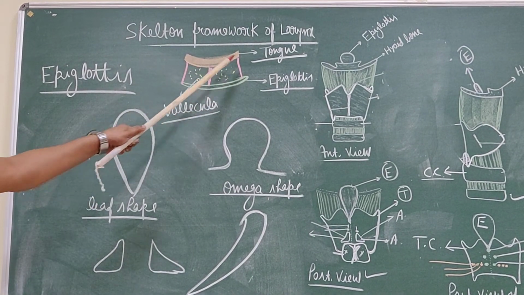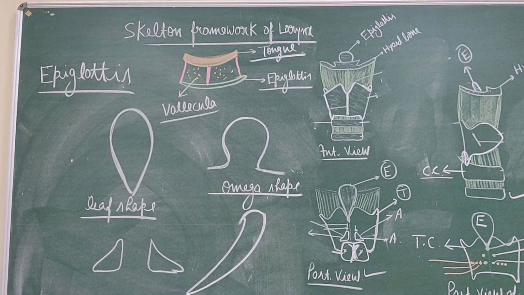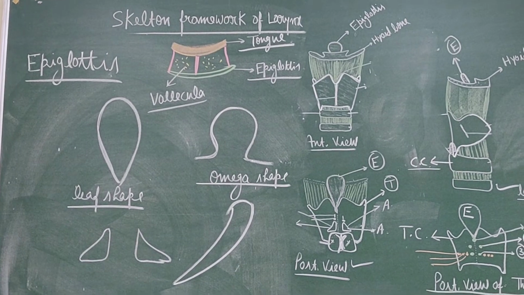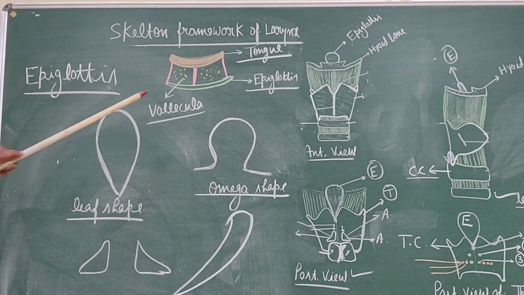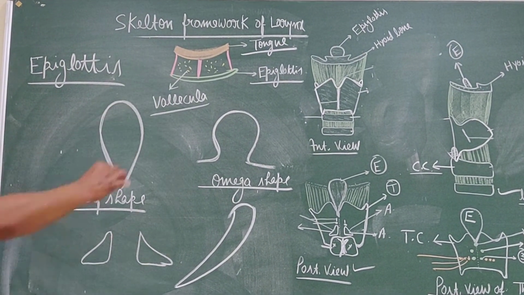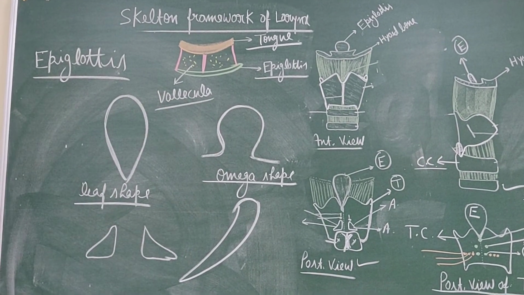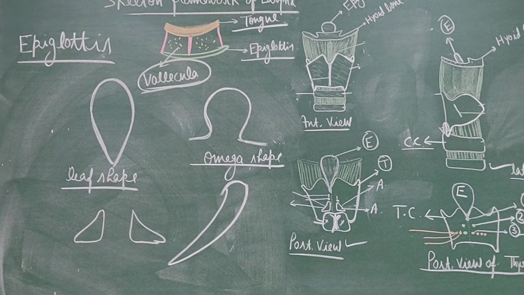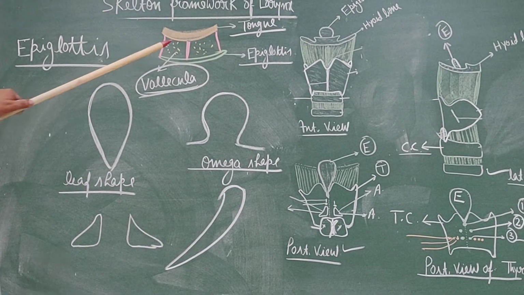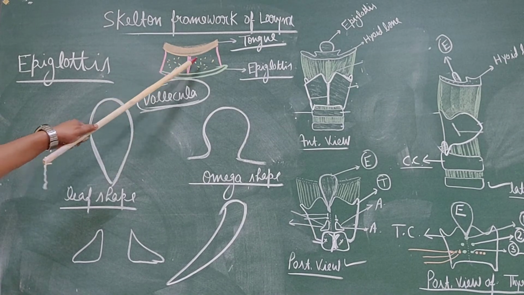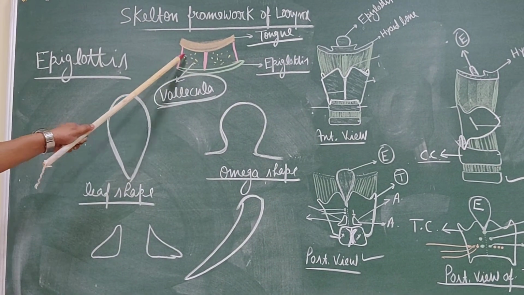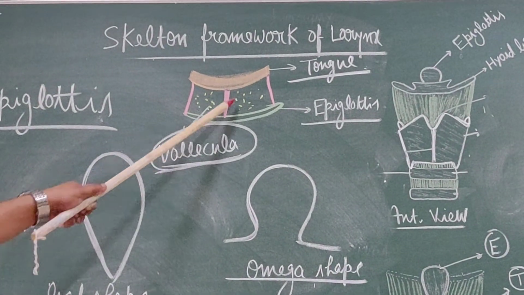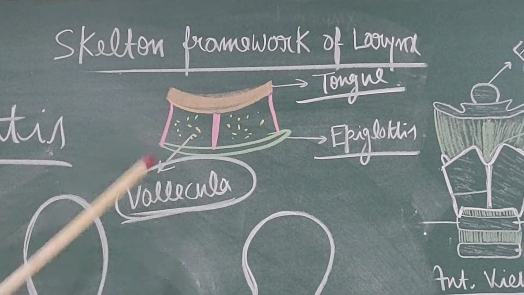Two are lateral and one is median. These are the glossoepiglottic folds. Between these folds, there is a depressed area, the vallecula. So simply, between the epiglottis and the tongue there are two depressions bounded by these folds. The depressions are the valleculae, and the folds are the glossoepiglottic folds.